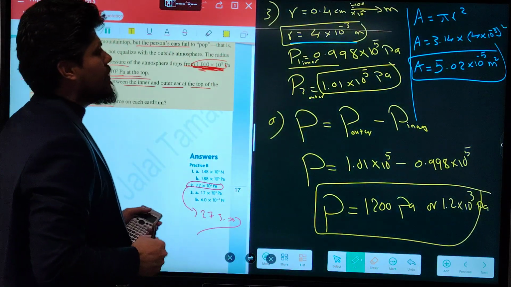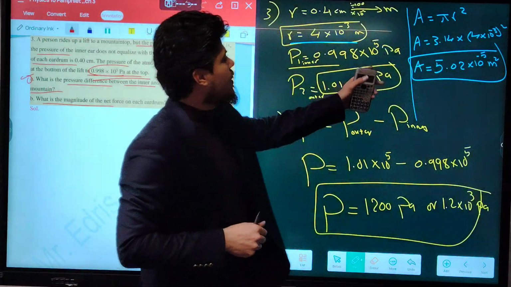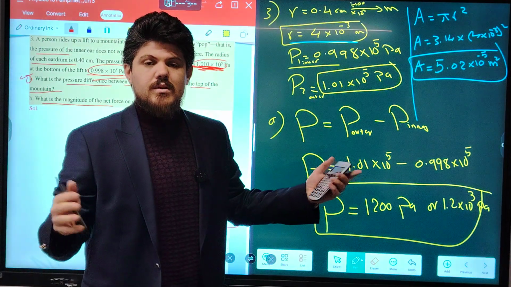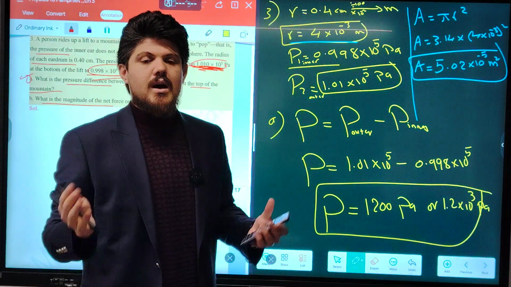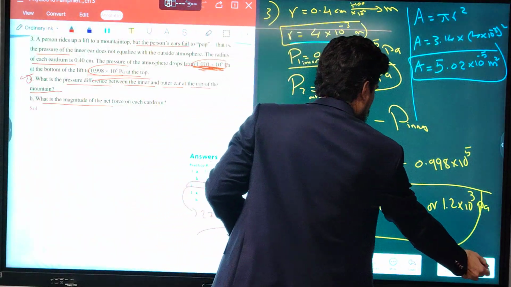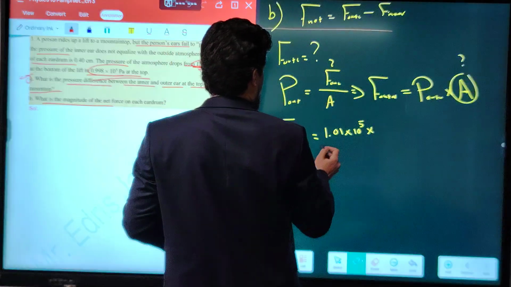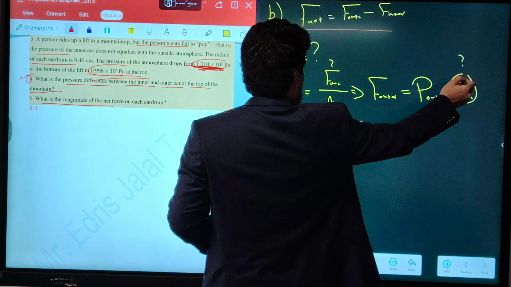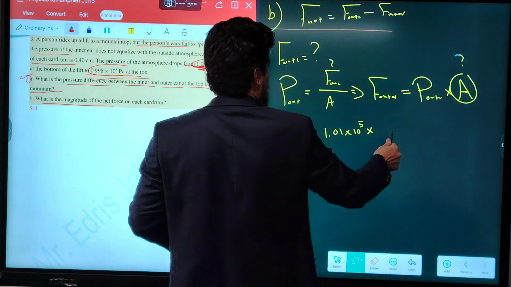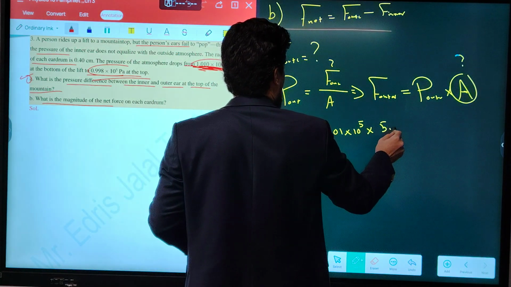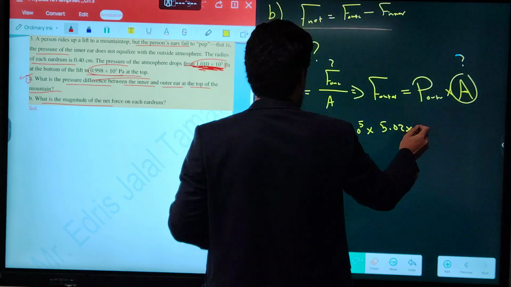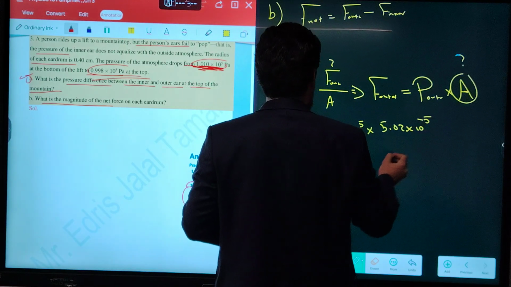How did we find the area? By the radius. Because the radius is given, you can determine the area, pi r squared. Okay, let's go back to the question. F outer: do we have area? We didn't, but we found it. Area was 5.02 times 10 power negative 5.